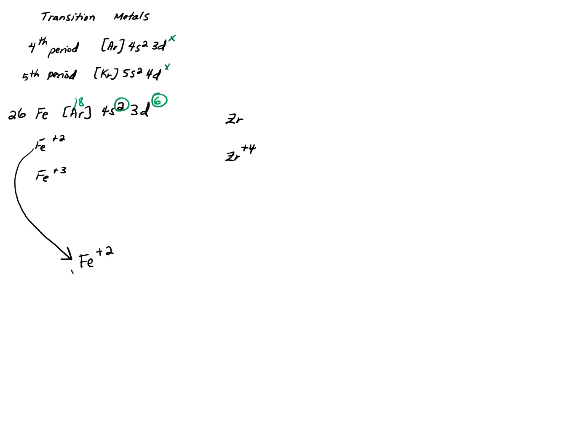The neutral atom of iron will have 26 electrons. But your iron plus 2 means that it's losing 2 electrons. So now you don't have 26, you will have 24 electrons. That's the total number of electrons for iron plus 2. So it's losing 2 electrons.